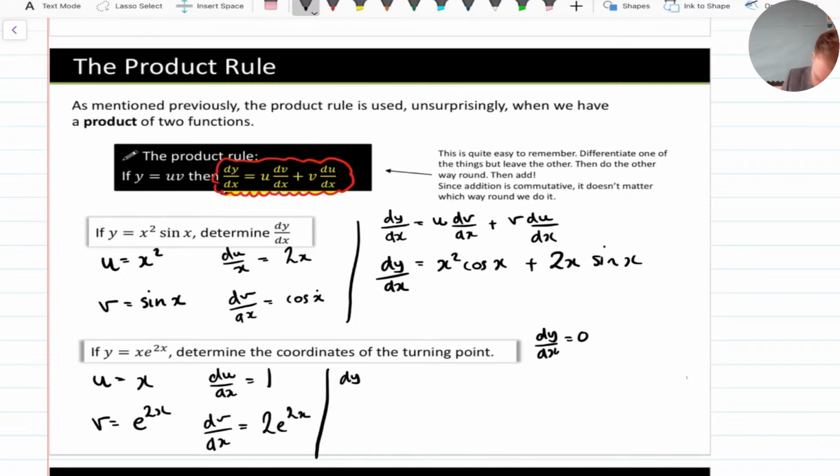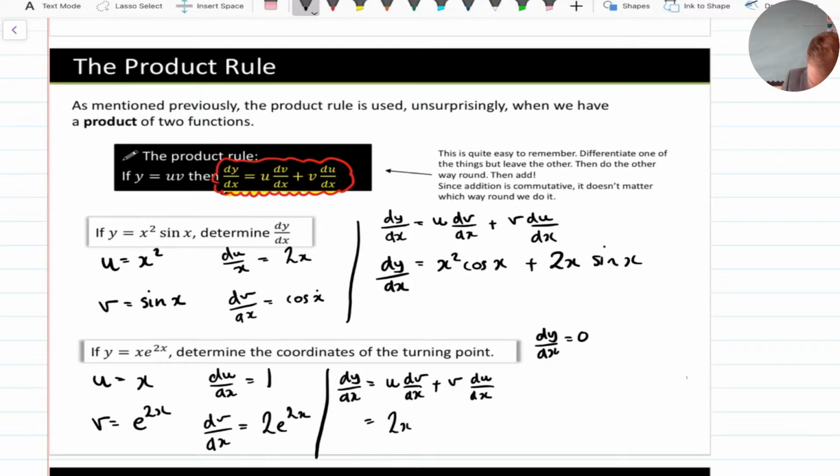And then dy by dx is equal to u dv by dx plus v du by dx, which is going to be these two together, so u and dv. I'm just going to do it straight away.